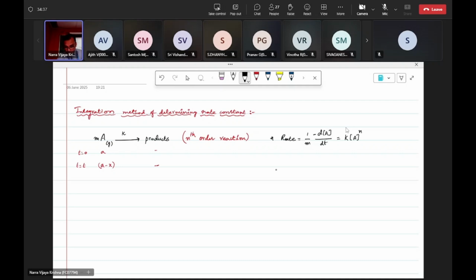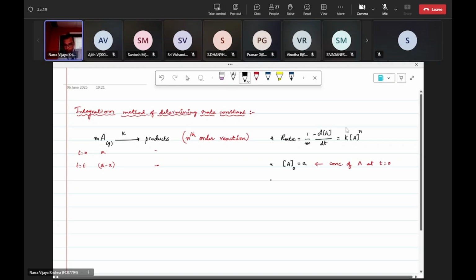What is the concentration of A at time t equal to 0? I wrote it as A naught. A naught means concentration of A at time t equal to 0. What is its value? A. Now, what about A_t?